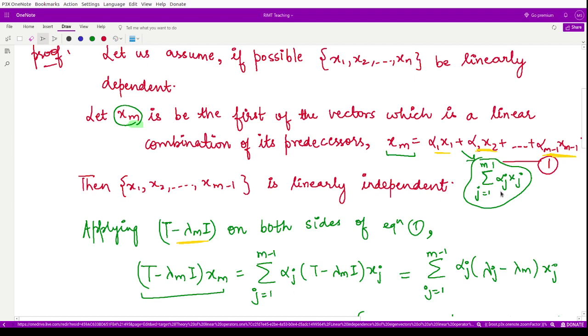The alpha j are numbers, so they could be brought out of the operator, not out of the summation. So you have the summation, j from 1 to m minus 1, of alpha j times the operator T minus lambda m I applied onto xj. Right.